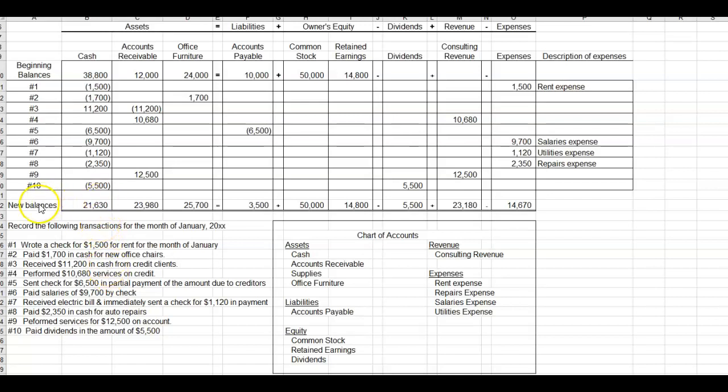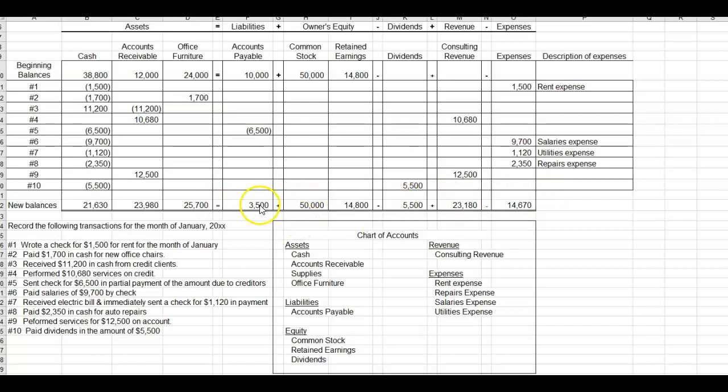Well, I get $71,310 total of assets. That's $21,630 plus $23,980 plus $25,700. I also get $71,310 total on the other side of the equation.